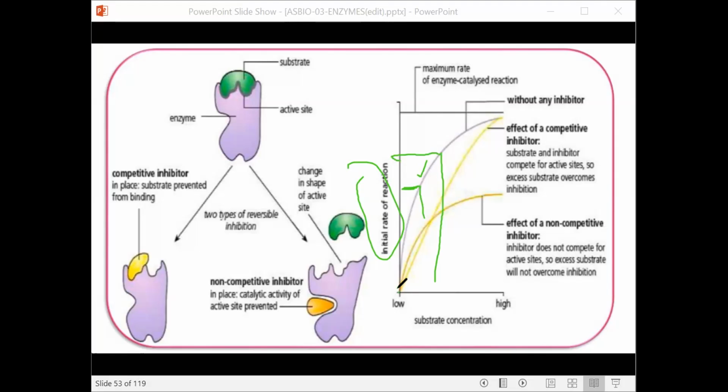Now over here, the speed is reduced. You can see for this line, competition is there and speed is reduced. If competitive inhibition is there, the speed is reduced, not getting sped up, it is prohibited, like velocity is reduced.